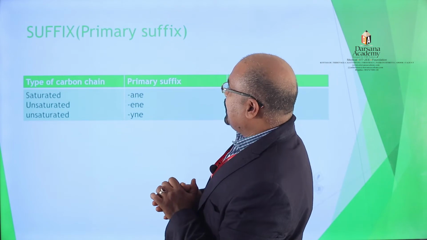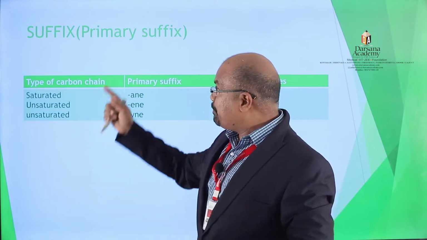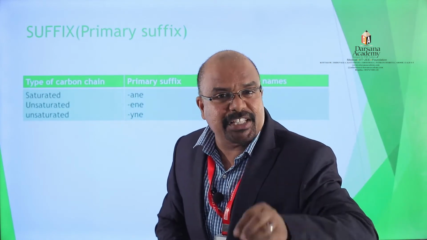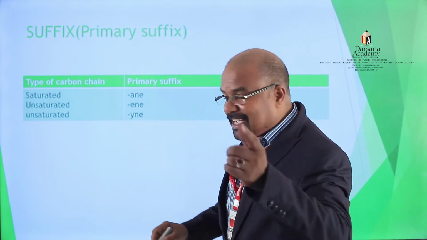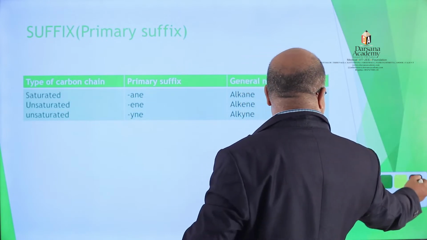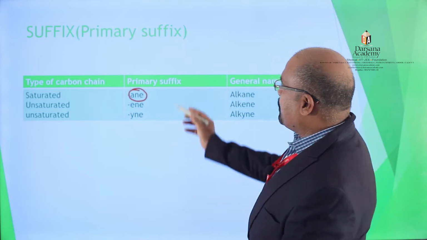I said suffix. Suffix can be divided into two. One is primary suffix. Primary suffix indicates whether the compound is saturated or unsaturated. If it is saturated, that is alkane, we use ANE. ANE is the primary suffix.